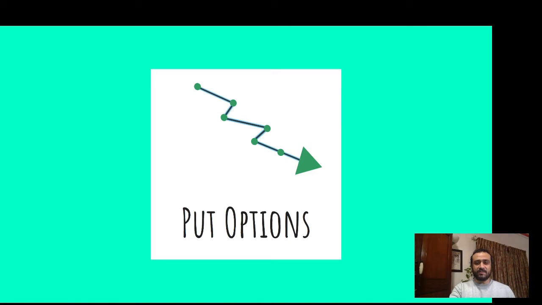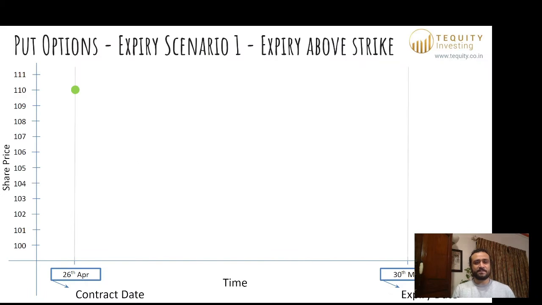We'll check out some of the expiry scenarios for put options. So here's the scenario. The contract date or date of execution is the 26th of April. The expiry date is 1 month ahead, the 30th of May, right? On the y-axis, you can see the share price. The spot price for stock X is 110 rupees.